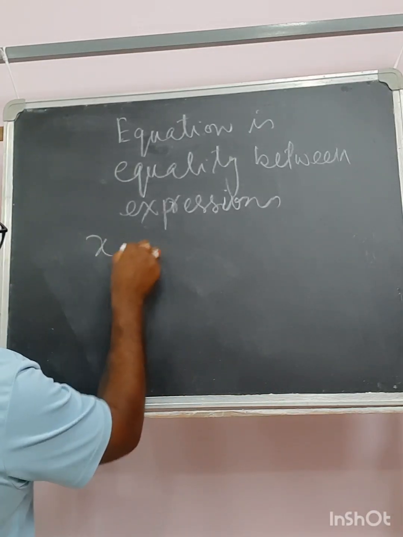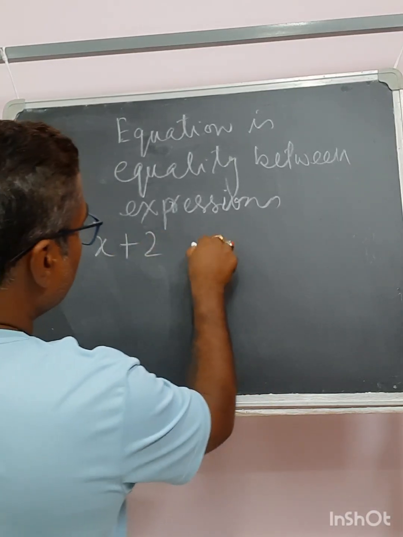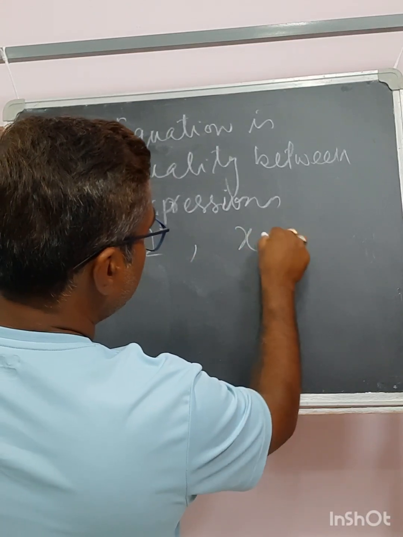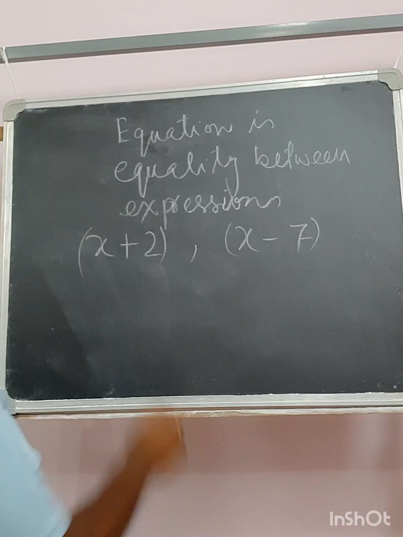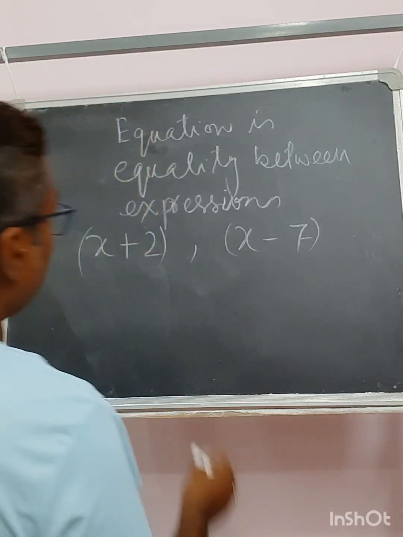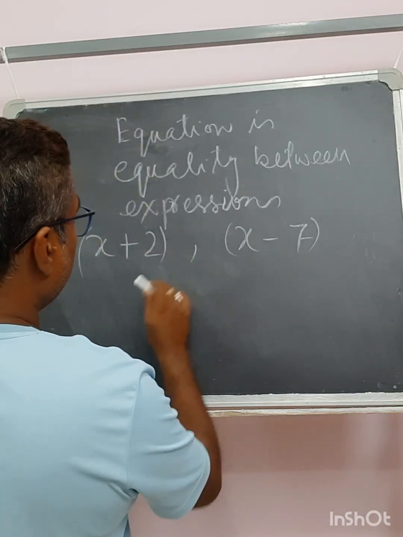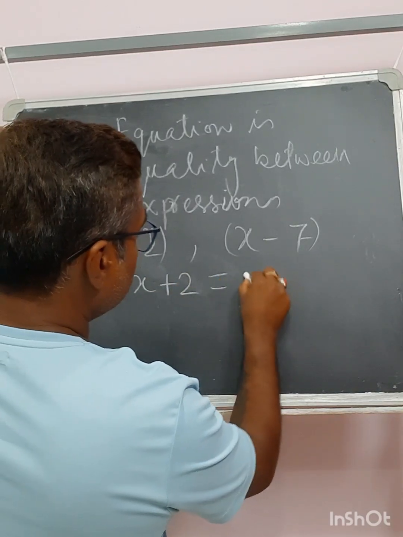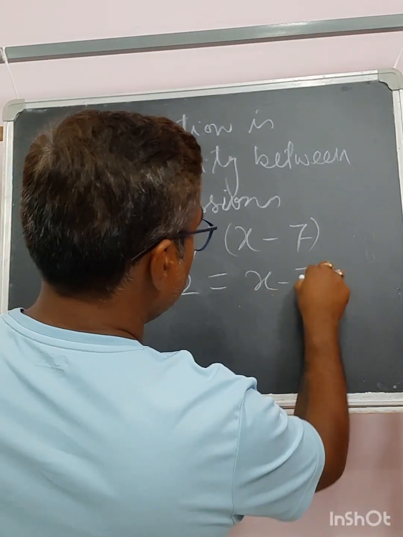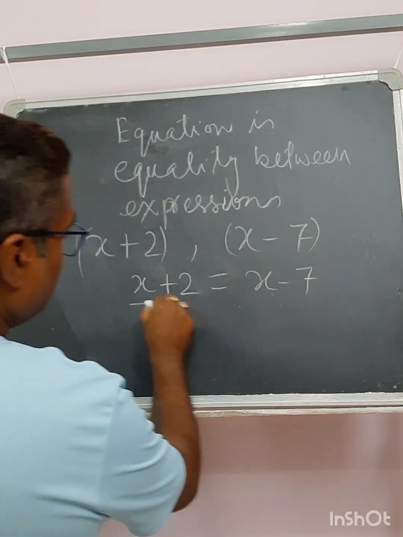Let's say x plus 2 and x minus 7. These are two expressions. Now if they can be equalized, meaning on some basis I equalize these, then this is an equation.